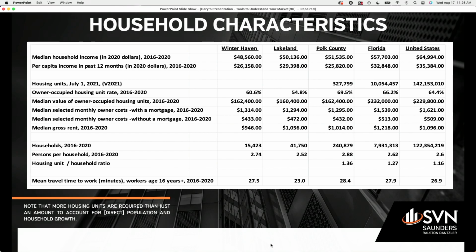Looking at the bottom of the chart, we get a chance to see persons per household. Household really is the unit of demand for housing. And in the country, it's about 2.6. The state's about the same. Households are a little larger in Polk County and a little smaller in Lakeland. Part of that is just age related.